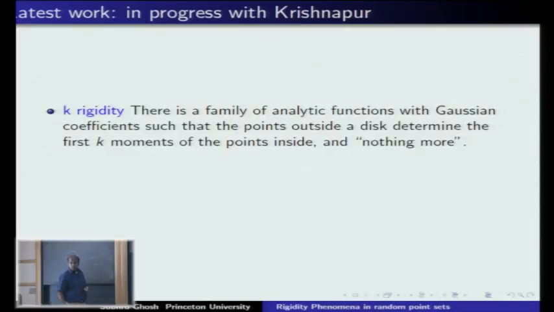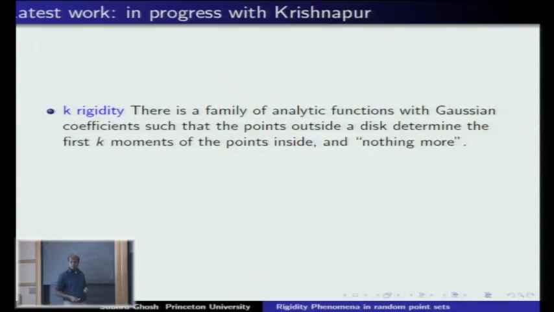No, alpha is fixed. k is the index of the power. Basically, the level of rigidity changes at these points: 1 over 2, 1 over 3, 1 over 4.